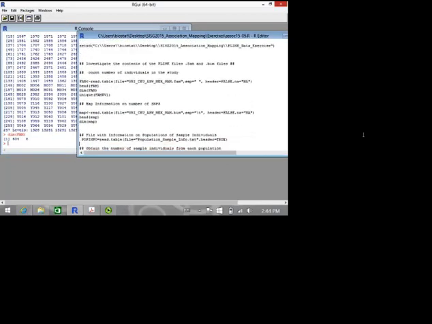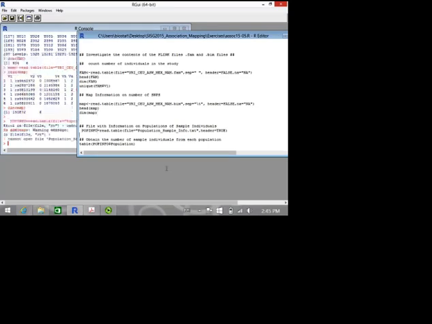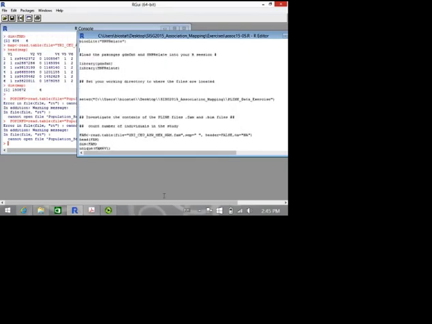Okay. So how many SNPs are available? Okay, so there are 150,872 SNPs on the individuals. So you want to read information that has information on which individual. Sorry, let me set the working directory.